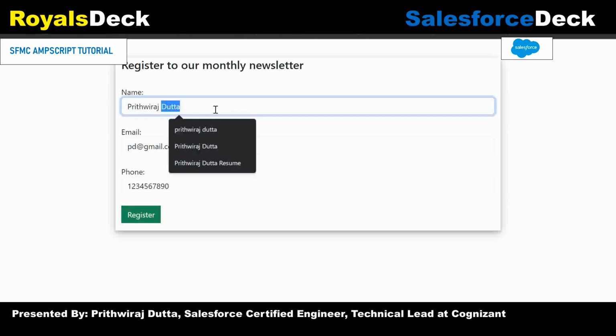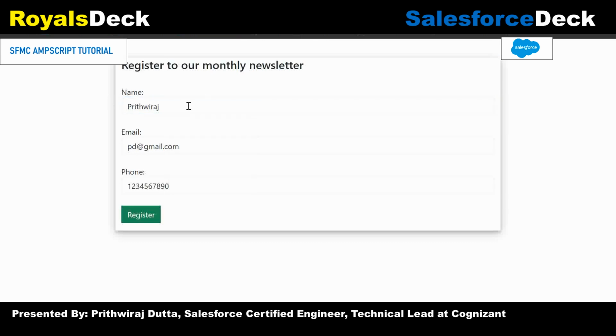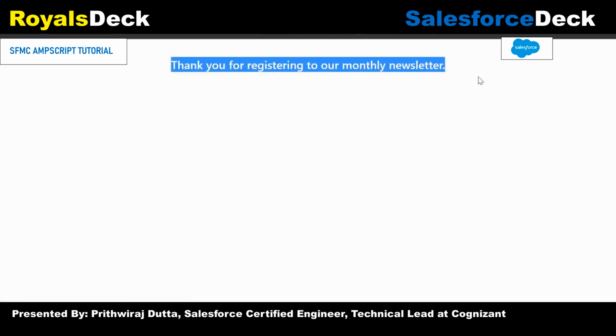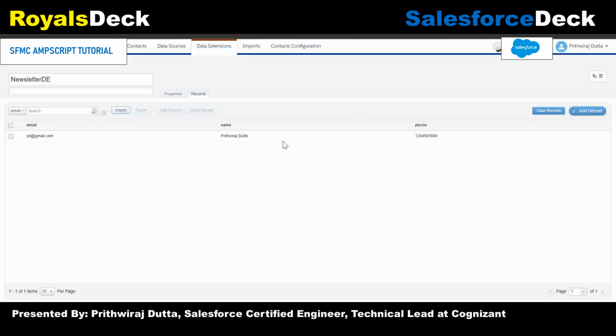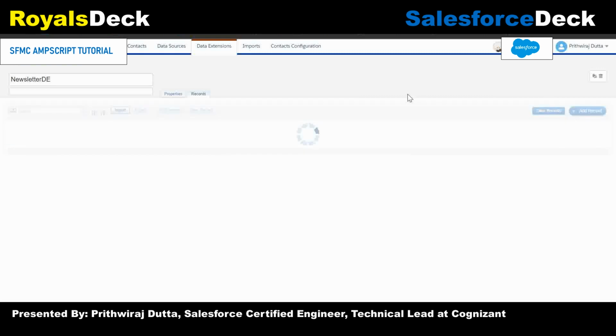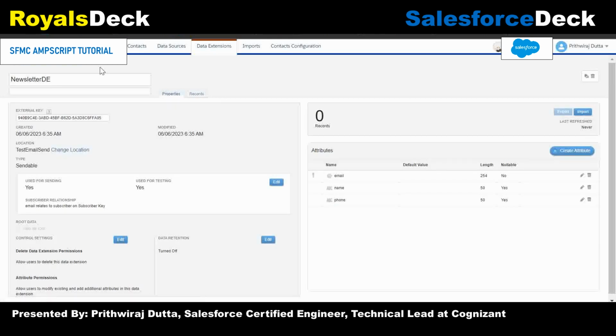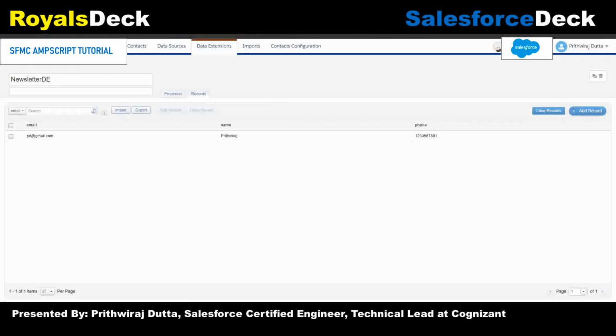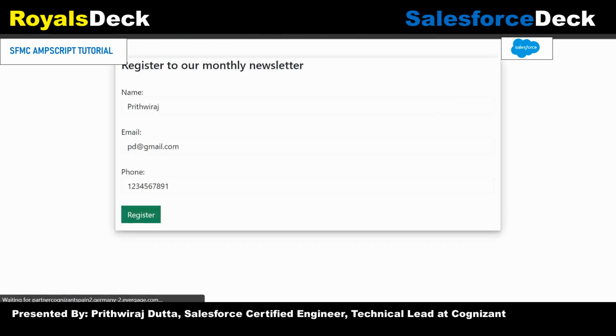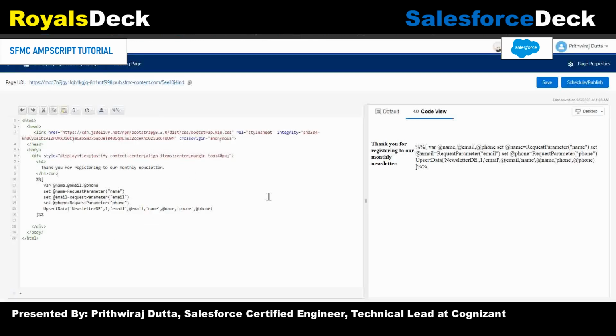Okay, now let's say I change my name from this to this, and I change my phone to this, and I update. So again I am getting thank you, but here notice it will not create duplicate records, but it will update my existing record, put 91 at the end, and update my name. So that would eliminate the duplicate. So this is basically how we handle our form.